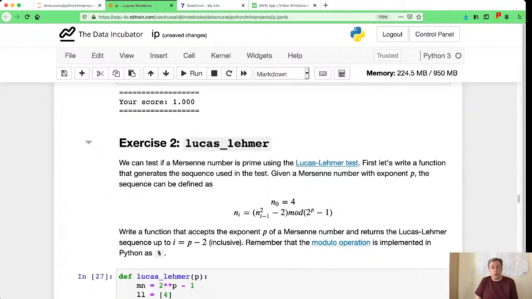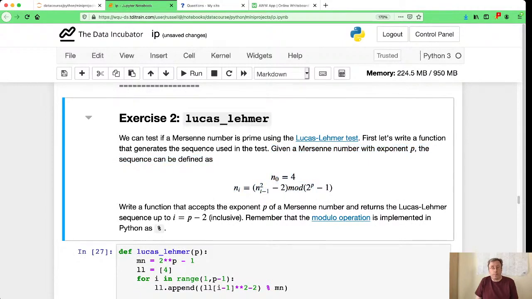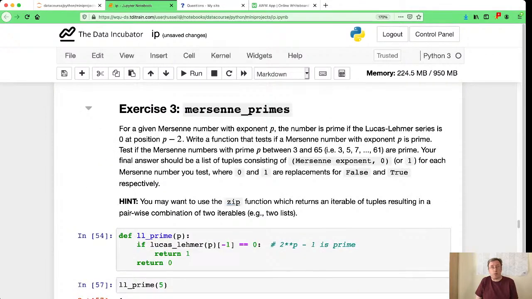Thursday last week we went through exercise 2, the so-called Lucas-Lehmer tests, which we're not going to go into the mathematical details of. Given a Mersenne number with exponent p, we define the sequence in this fashion. Then, exercise 3, I remember now.